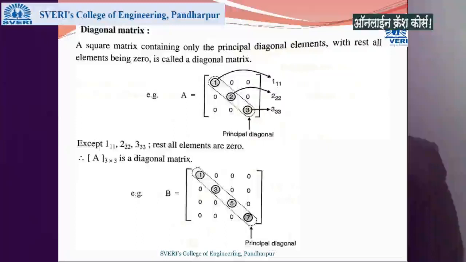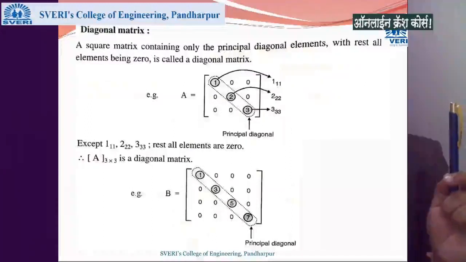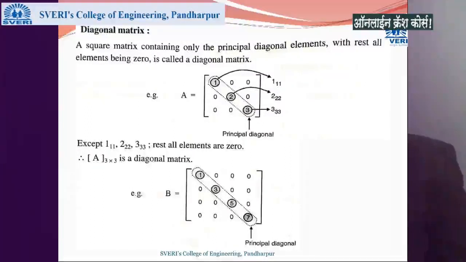So here if you are taking that elements 1 0 0, 0 2 0, 0 0 3. As we have 1, 2, 3, these are the principal diagonals. Then except these principal diagonal elements, above the diagonal elements are 0 and below the diagonal elements are 0. Okay, so here A is known as the diagonal matrix.